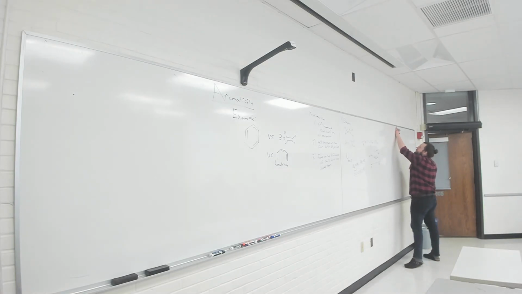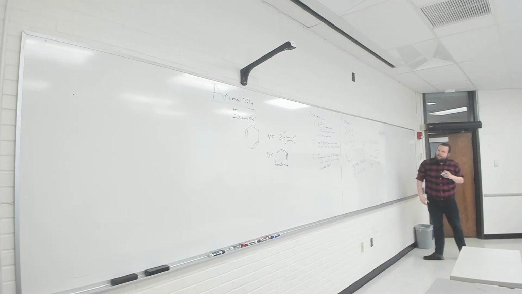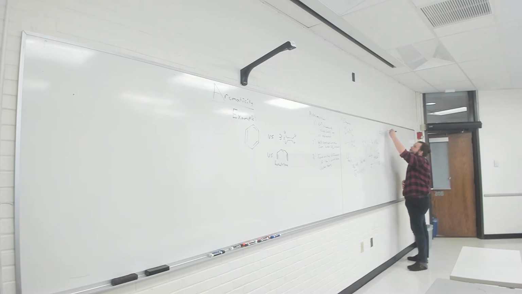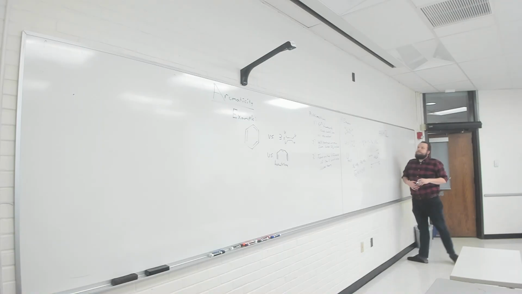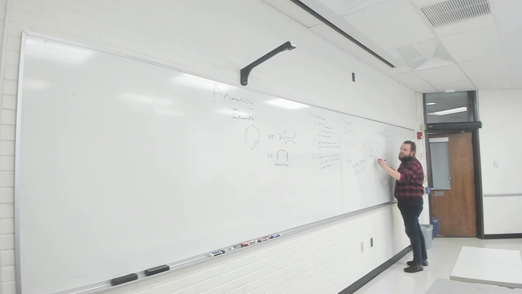So the energy of the total pi system is going to be the sum over all the electrons of their individual energies. Each of these electrons, so we'll call this 1 and 2 or something like that.